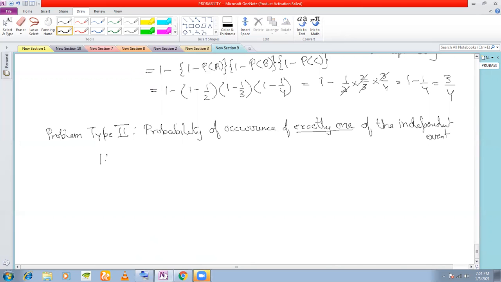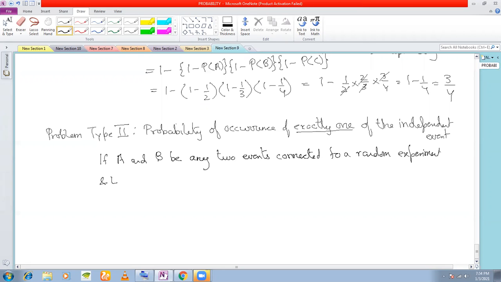If A and B are any two events connected to a random experiment, and E is the occurrence of exactly one of A and B, then E can occur in two mutually exclusive ways.